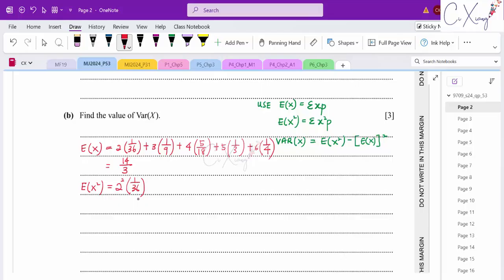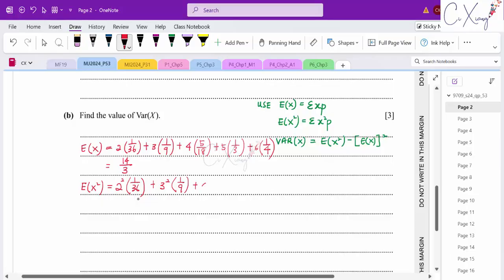Same thing for the remaining x. So for 3, I have to square it, multiply with the probability, and so on. Then if I simplify this answer using the calculator, I will be having 206 over 9.